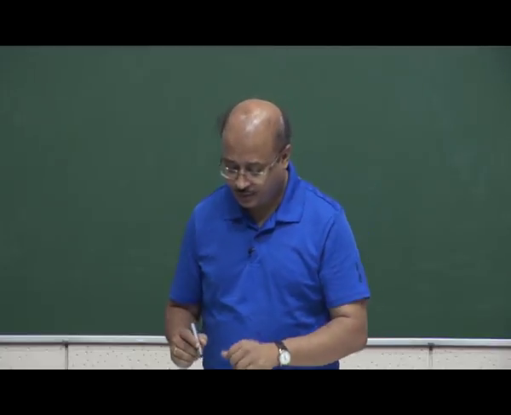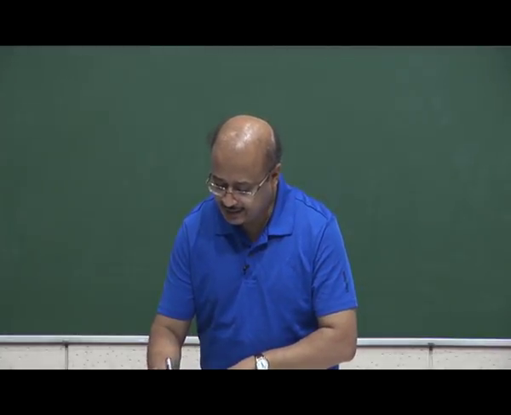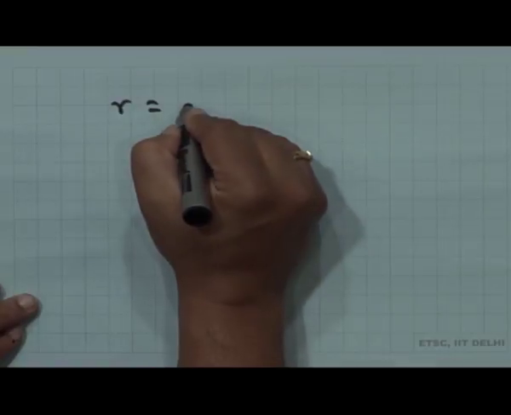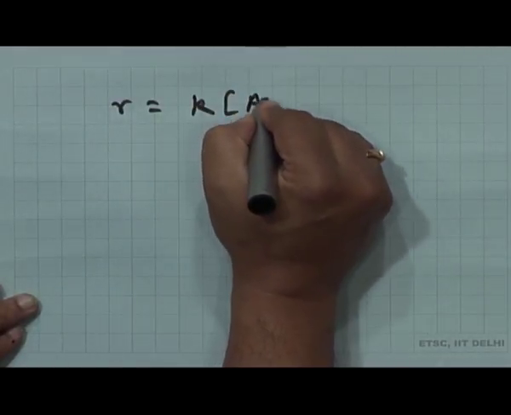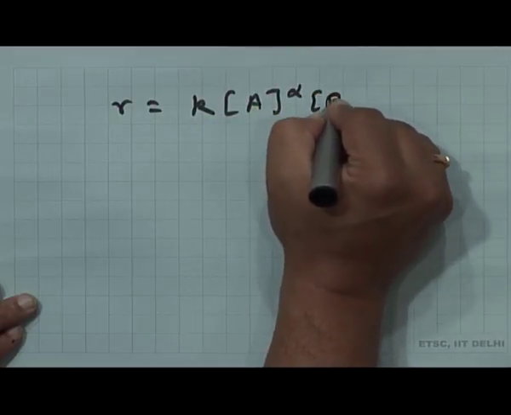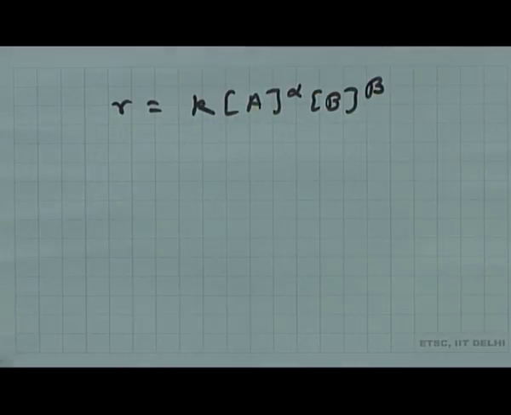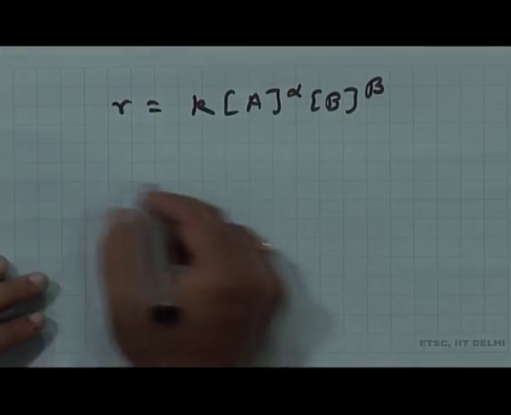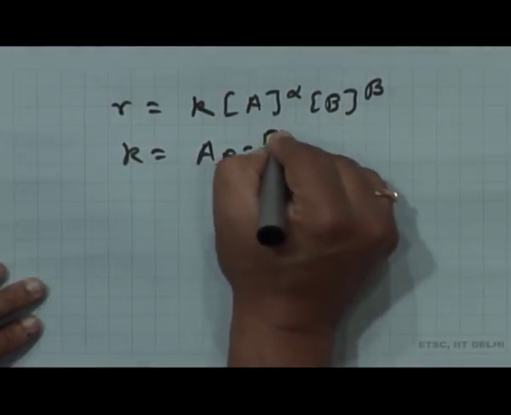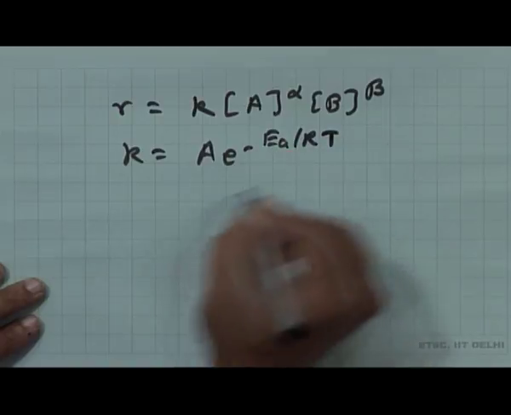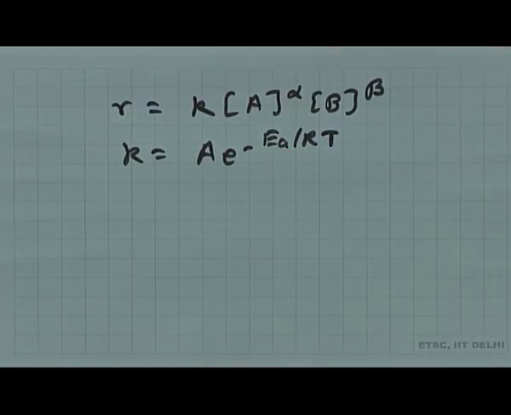Let us talk about a reaction which has the rate expression, the rate law, r is equal to k [A]^alpha [B]^beta, and for this what I can write is k follows A e^(-Ea/RT), and we know that from the Arrhenius equation. But think about this at a given temperature.